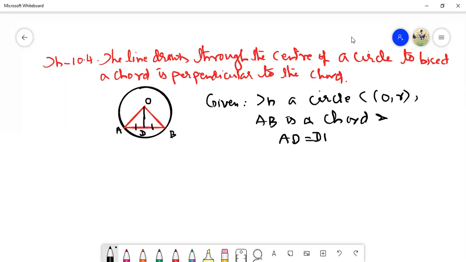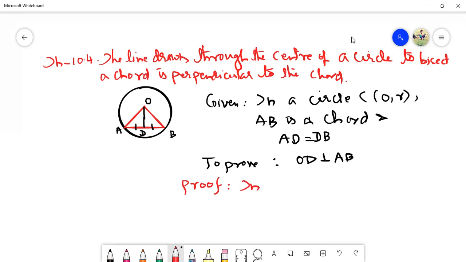Then to prove that OD is perpendicular on AB. First of all, prove these two triangles congruent. Then we have to prove this is 90 degree.